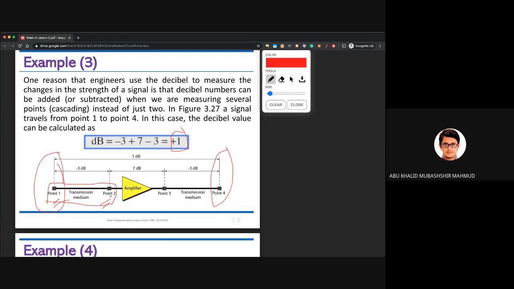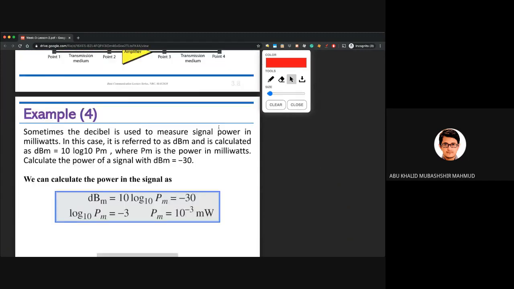We take two specific points, point 1 and point 2, we find out the decibel value, and then we move on to the next pair of points to find their decibel values, and so on. So this is how it works. I hope you get that. So let's move on forward.